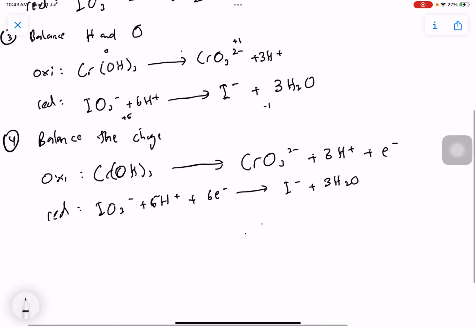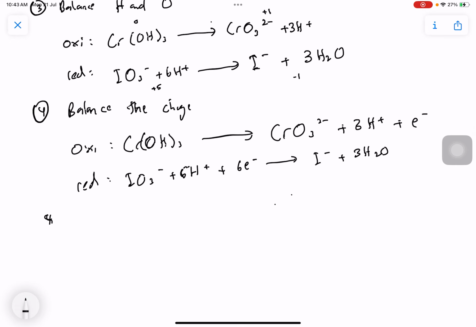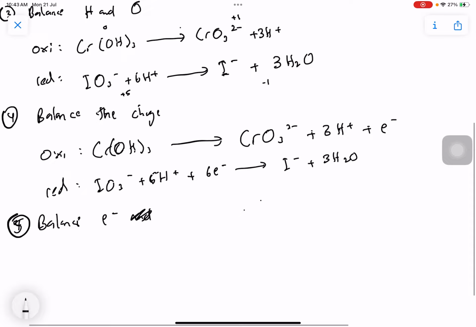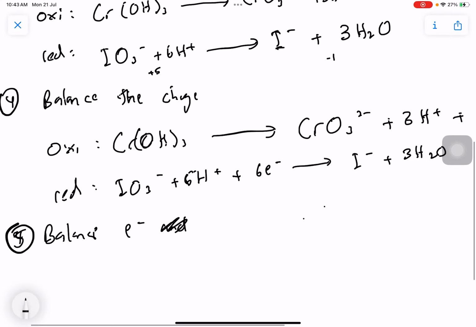So this is the balanced charge. After balancing the charge, number 5 is balance electron. Balance electron first. Okay, so from here we can balance: the oxidation has 1 electron, reduction has 6 electrons.